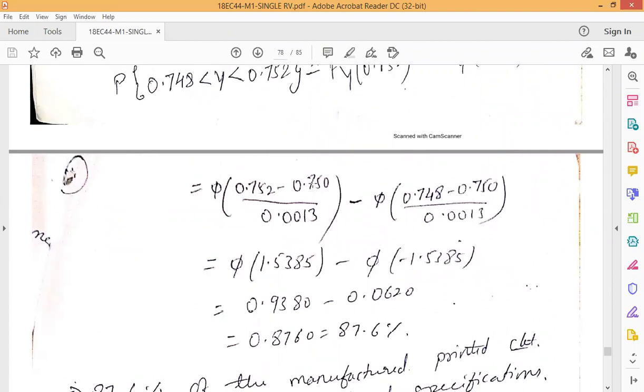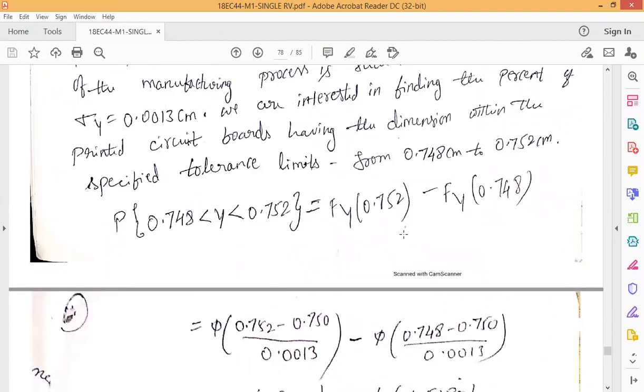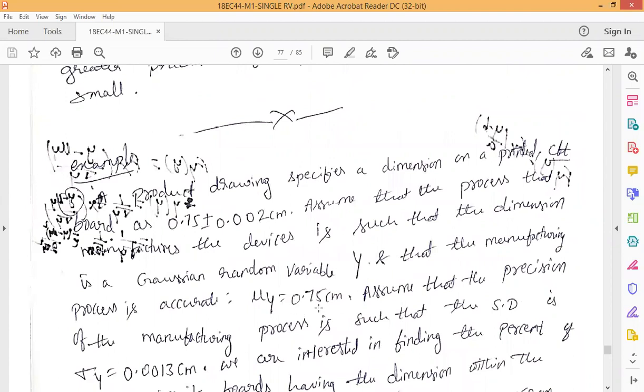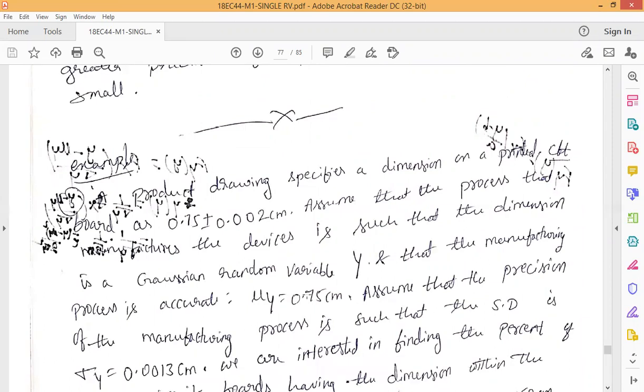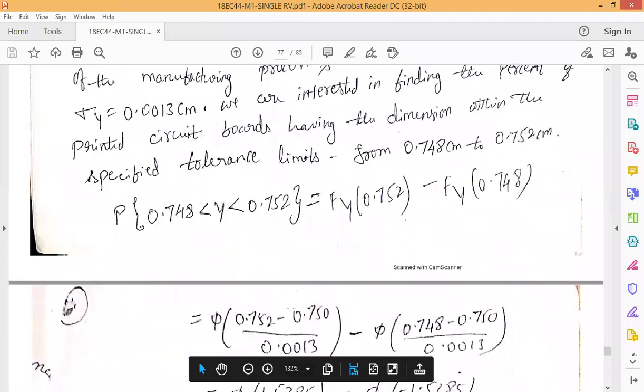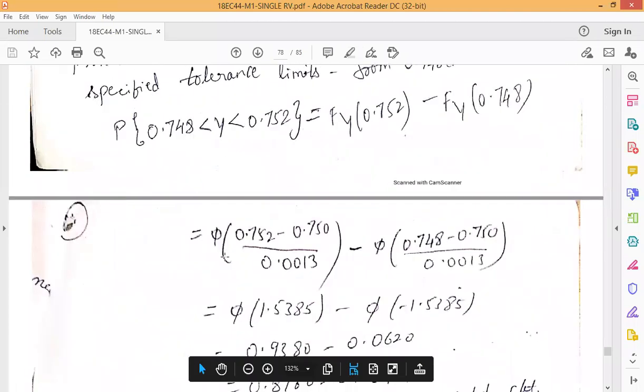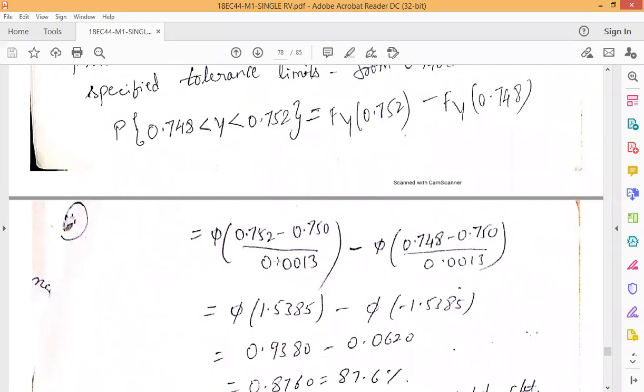This 0.750 is nothing but the mean value. You can see that mu y is given as 0.75. So don't mix this 0.75 with the other 0.75. Whatever we are substituting here represents the mean value. So phi of 0.752 minus 0.75 divided by sigma.